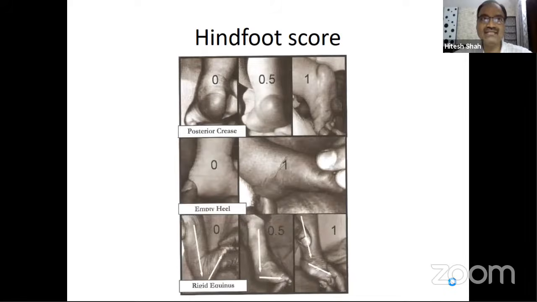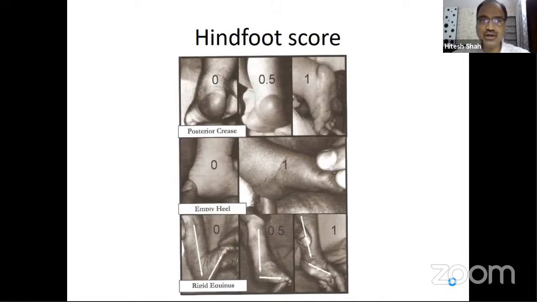There are 6 scores in all, 3 hindfoot scores and 3 forefoot scores, given to identify the severity of the deformity. 0 is given where there is no deformity or an absolutely normal foot, and 1 is given where the complete deformity is present.